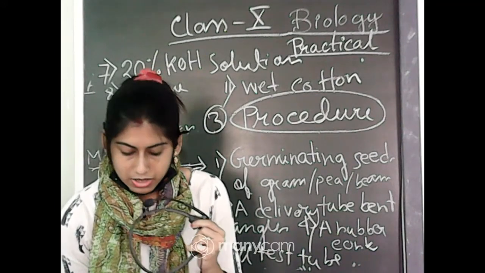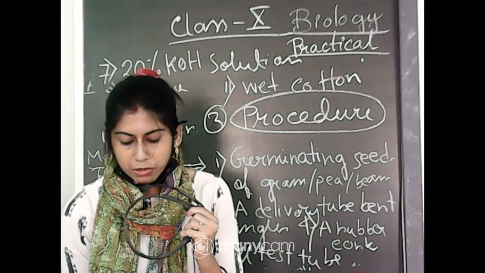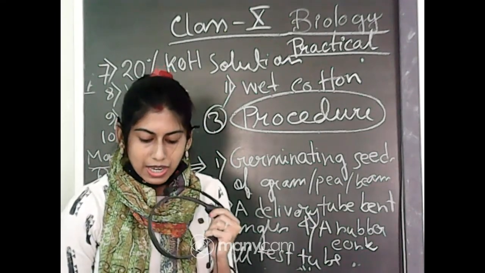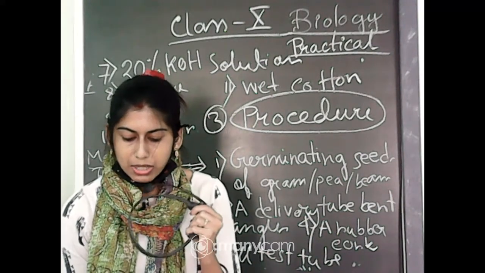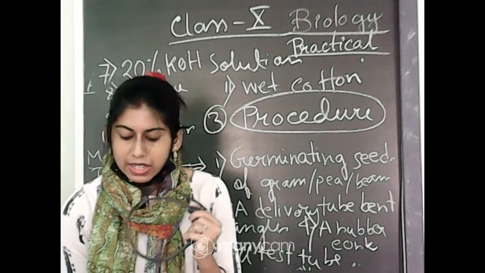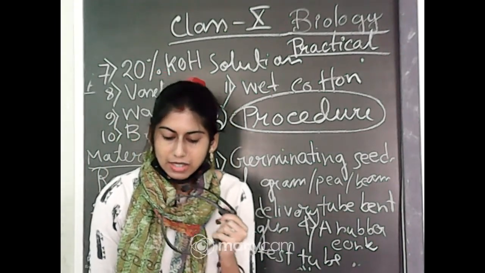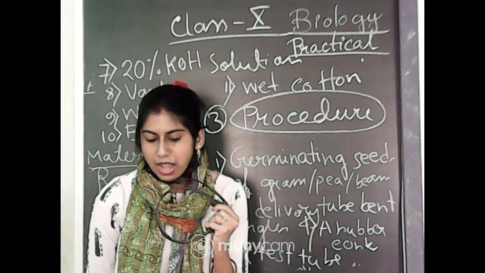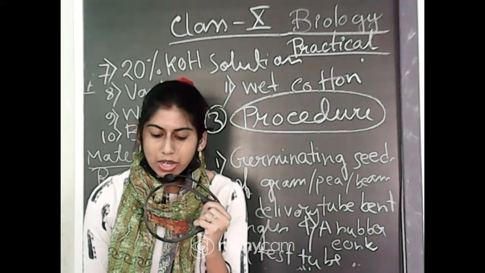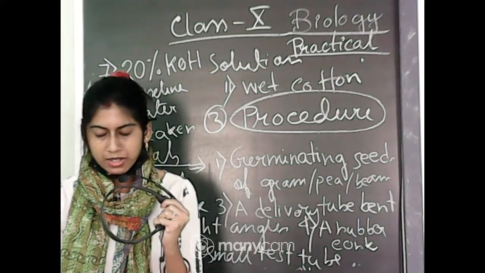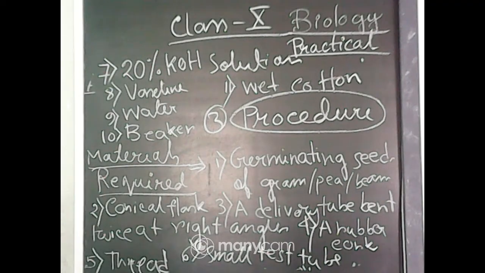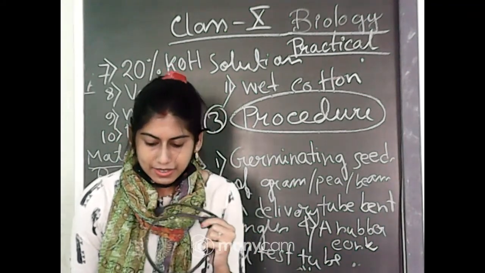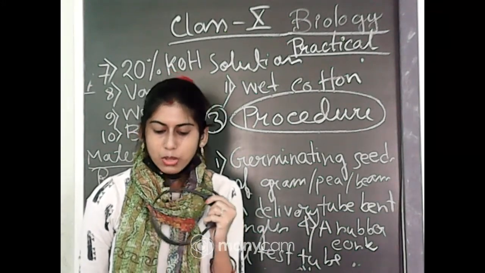Fourth point: take 5 ml freshly prepared 20% potassium hydroxide solution in a small test tube and hang it in the conical flask with a thread.